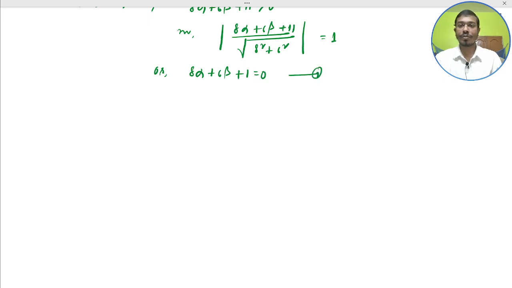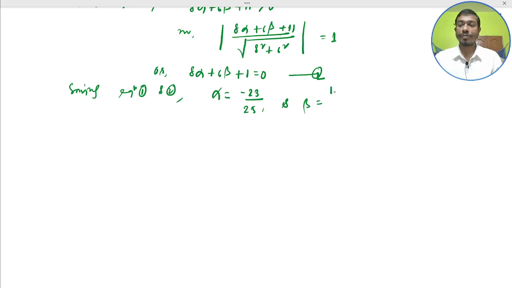This is equation number 2. So solving equation 1 and 2, just solve by the elimination method.